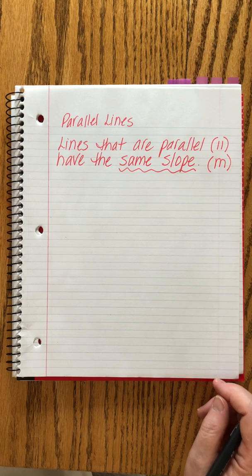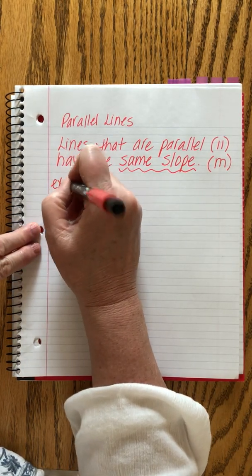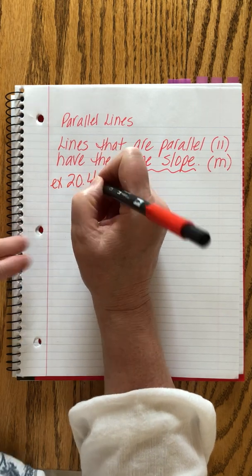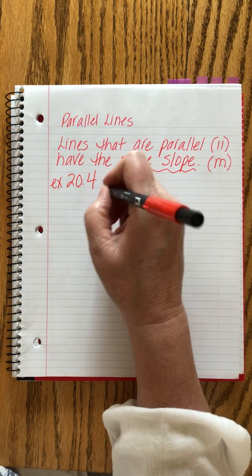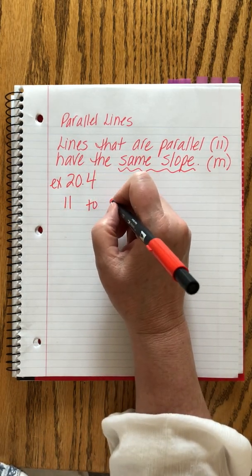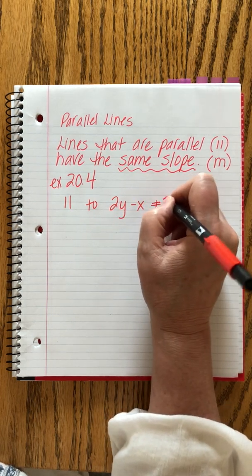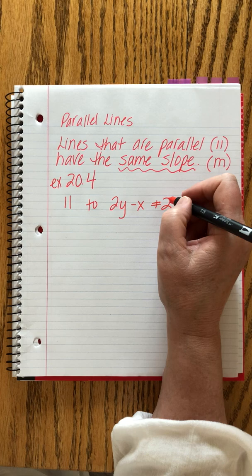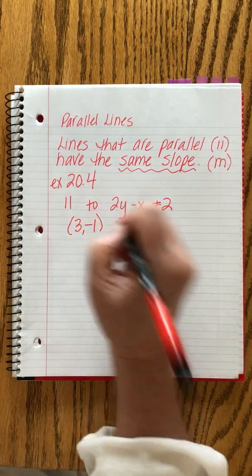All right, now how can we use that in a problem? Oh, I was hoping you'd ask, because I have an example here that will illustrate. Find the equation of the line that is parallel to the line 2y minus x equals 2 and passes through the point (3, -1).